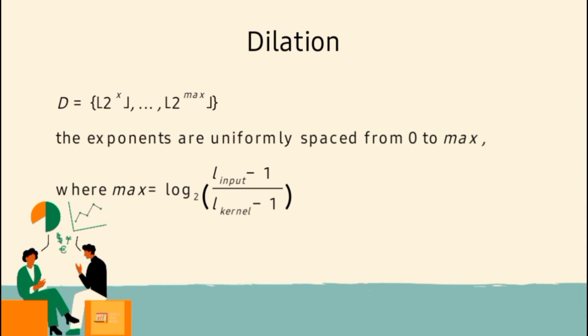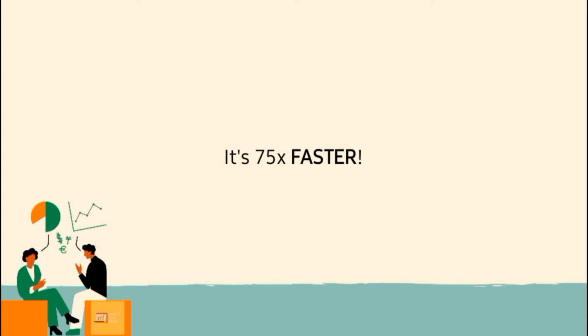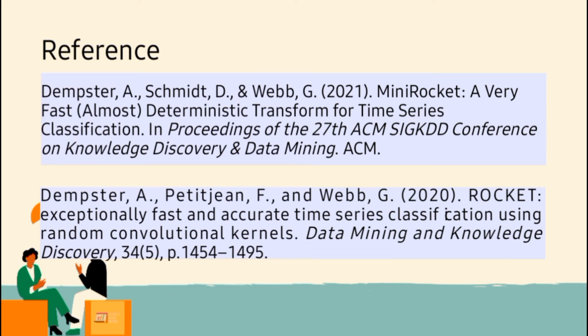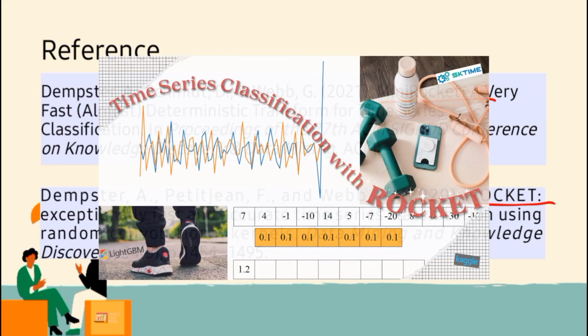So yeah, that's it for the theory section. To end this section, I want to give you the references. If you want to read more about it, you can check out this paper, MiniRocket. Or if you want to know more about Rocket, then you can read this one. Or you can check out my video about Rocket.